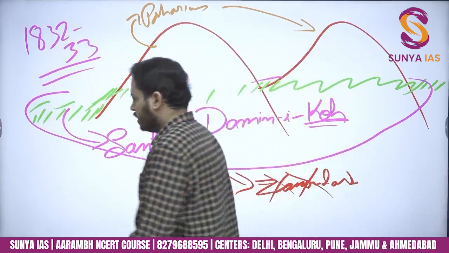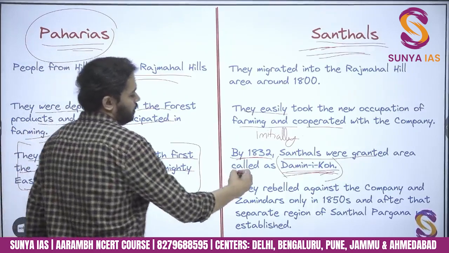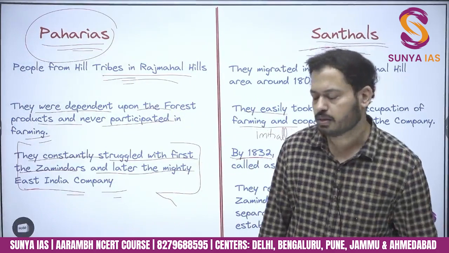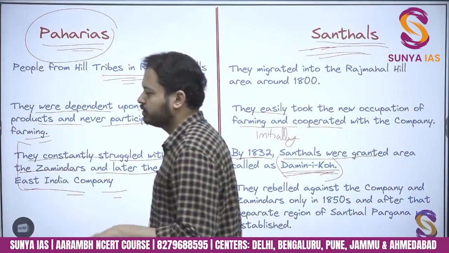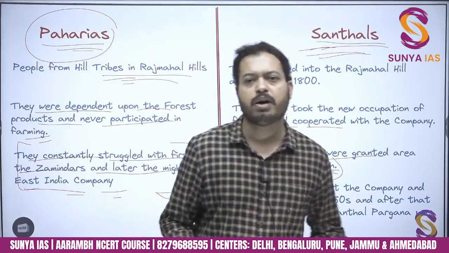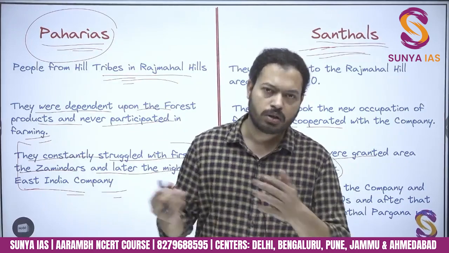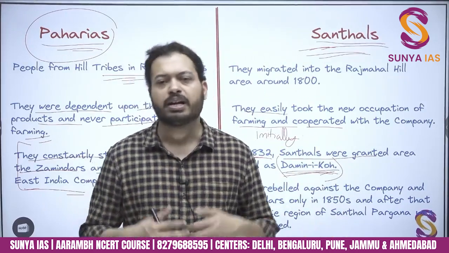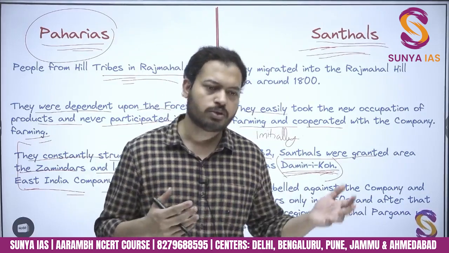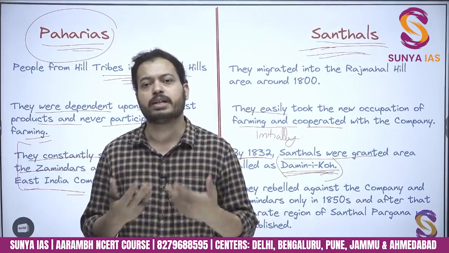Fine. Now, this worked fine for a few years, 10-15 years. But by 1850, the situation again became difficult. With Dalhousie in power in 1848, Dalhousie started a war in Punjab, and after that, the revenue demand increased. There was also a drought situation, and in these situations, the Santhals found it difficult to pay the rent.